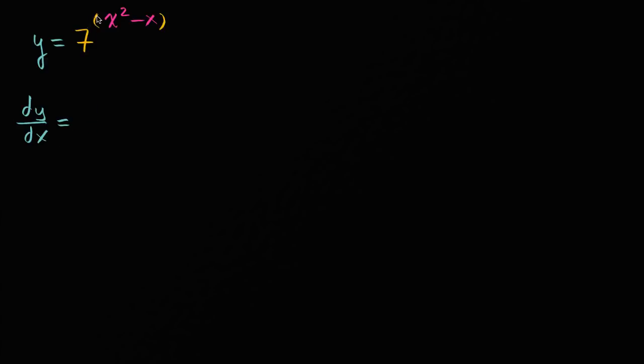Well, based on how this has been color-coded ahead of time, you might immediately recognize that this is a composite function, or it could be viewed as a composite function. If you had a function v of x, which is equal to 7 to the x power, and you had another function u of x, which is equal to x squared minus x, then what we have right over here, y, is equal to 7 to something.